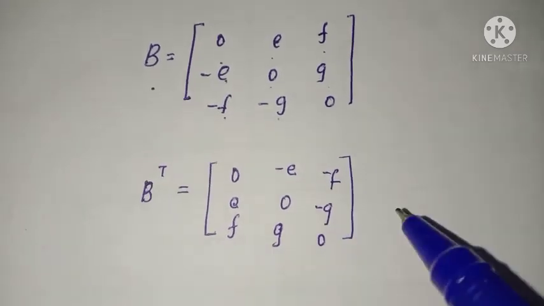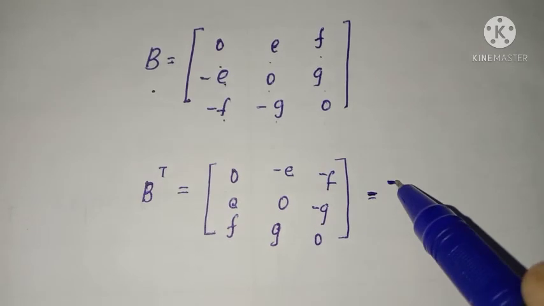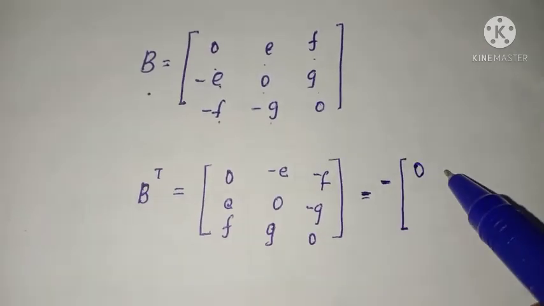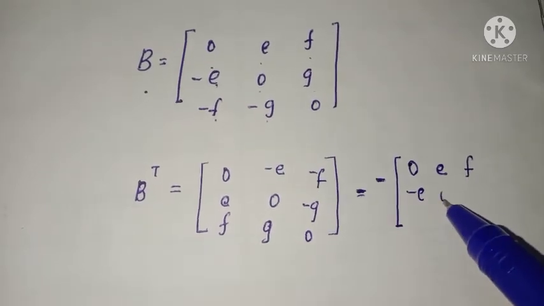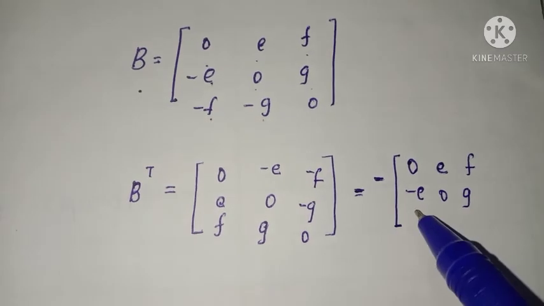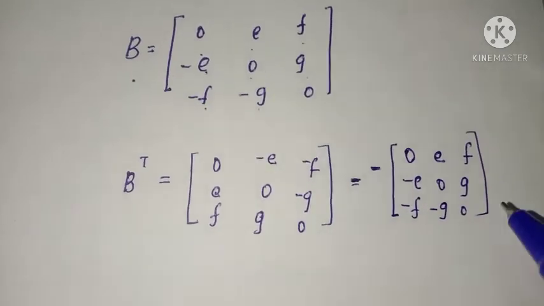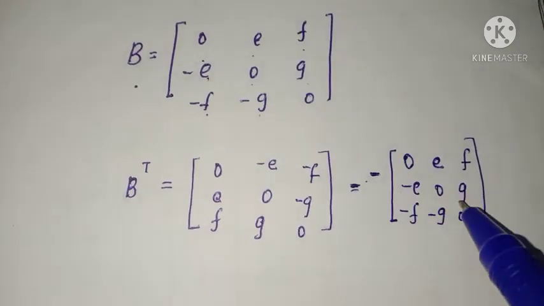This is the transpose. Now listen, from this matrix take negative sign outside. What happened? This becomes minus of the matrix 0, E, F; minus E, 0, G; minus F, minus G, 0. Okay. Take negative sign outside. So we get this matrix.